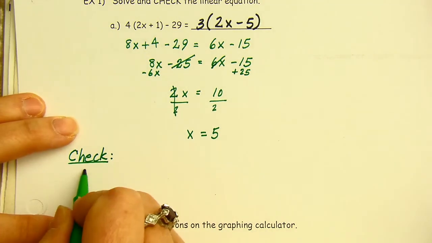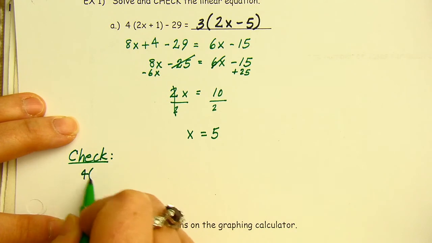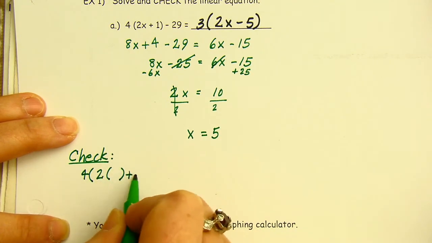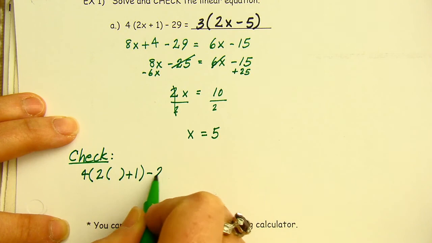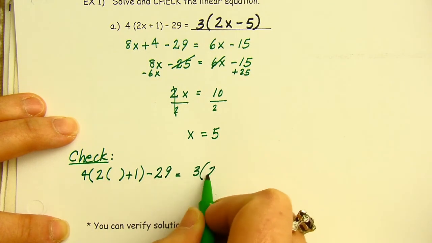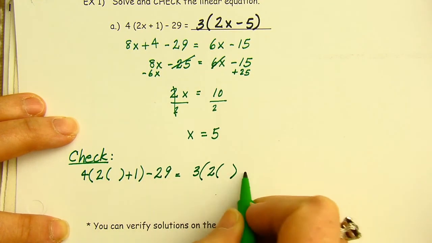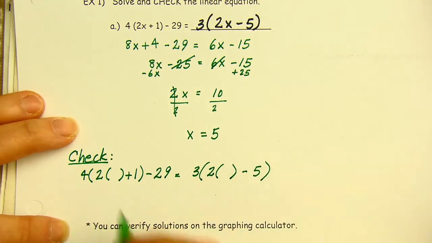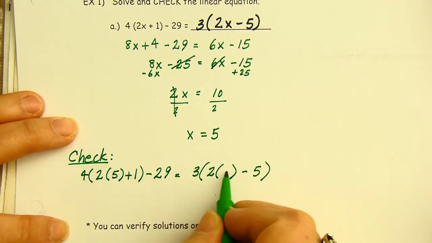I'm going to copy the template. 4 times 2, there's my space for x, plus 1, close parentheses, subtract 29, equals 3 parenthesis, 2 parenthesis, minus 5. And now I'm going to substitute my proposed solution.